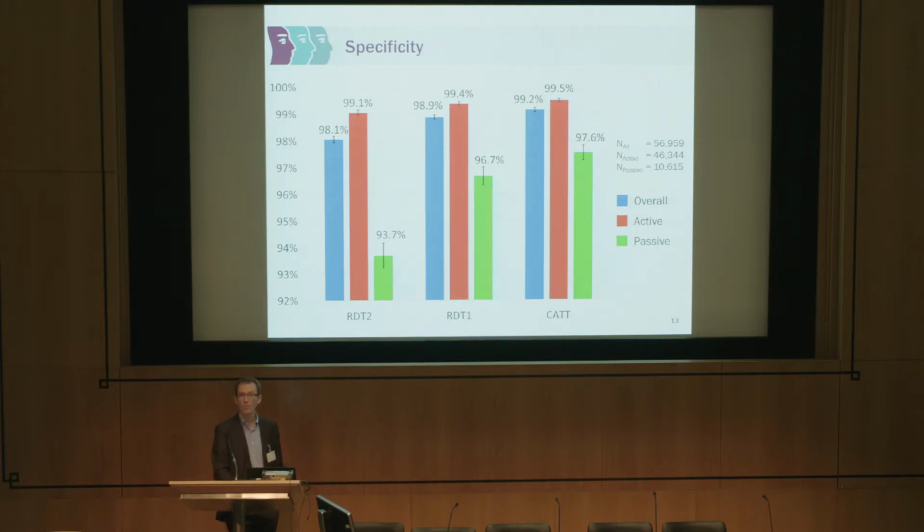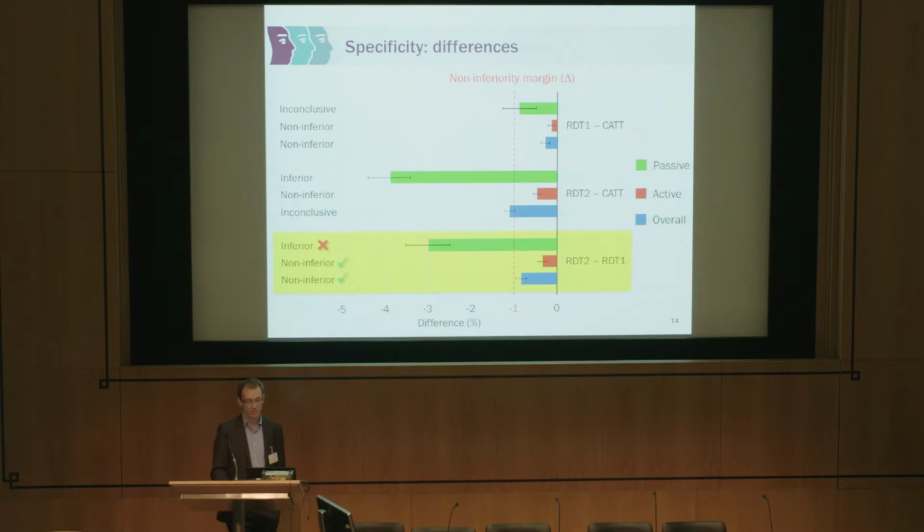Again, looking more specifically at the differences between this test and comparing RDT2 and RDT1, we found that we were within our non-inferiority margin, which we defined as 1%. This both for all patients considered together, for active screening, but in passive screening, we found that the second generation RDT was roughly 3% lower than the first generation RDT.